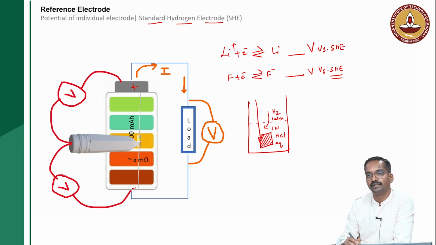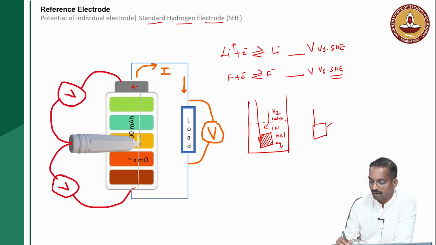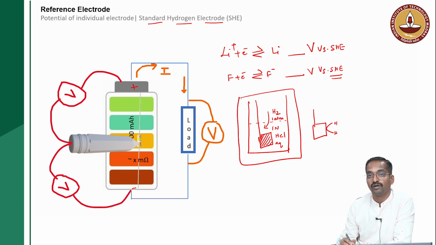This hydrogen gas gets absorbed on the platinum electrode. So, this metal electrolyte interface has its potential arbitrarily fixed as 0 volt.